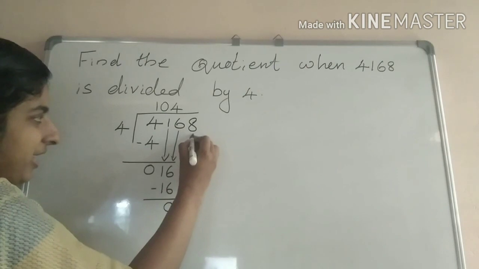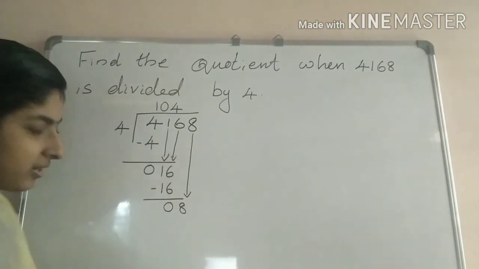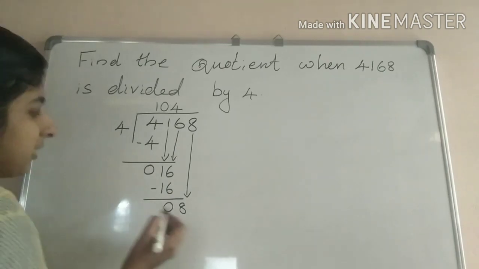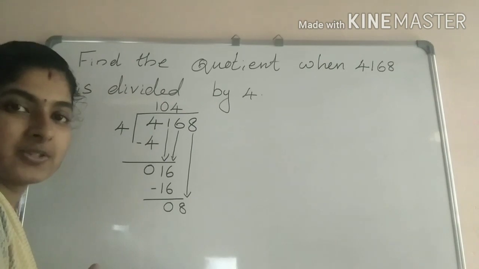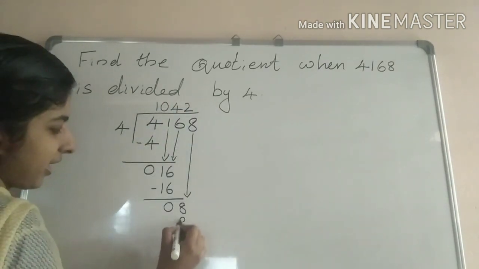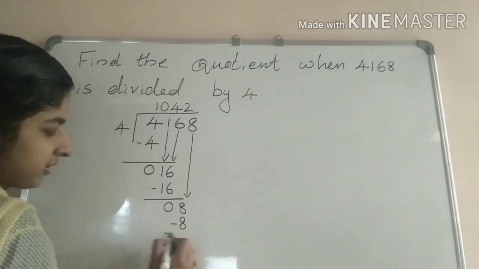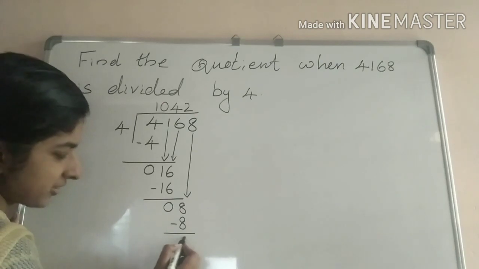Here, balance this 8 is here, that 8 we take here. Then, this 8 has how many 4s? 2 4s are 8. Here also, 8 minus 8, answer is 0.